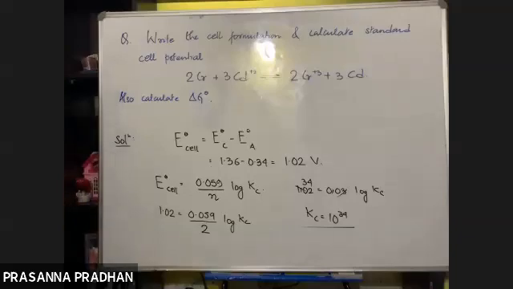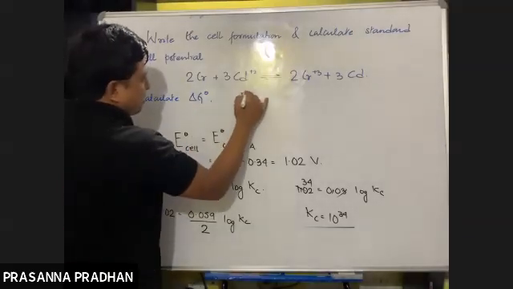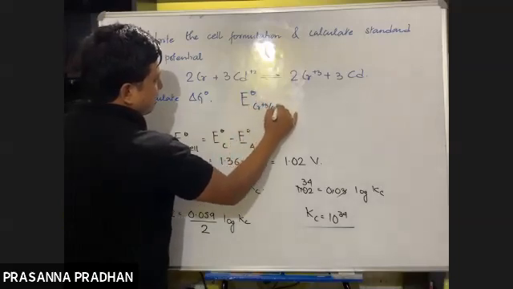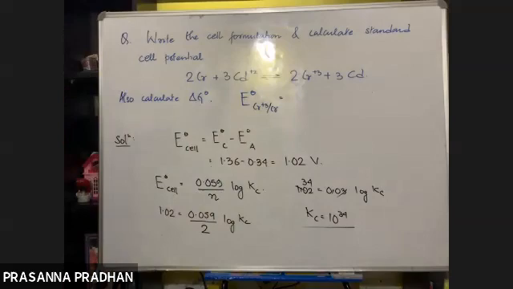Okay, and this data is given. The reduction potential value of the chromium electrode is given to be minus 0.74 volt.